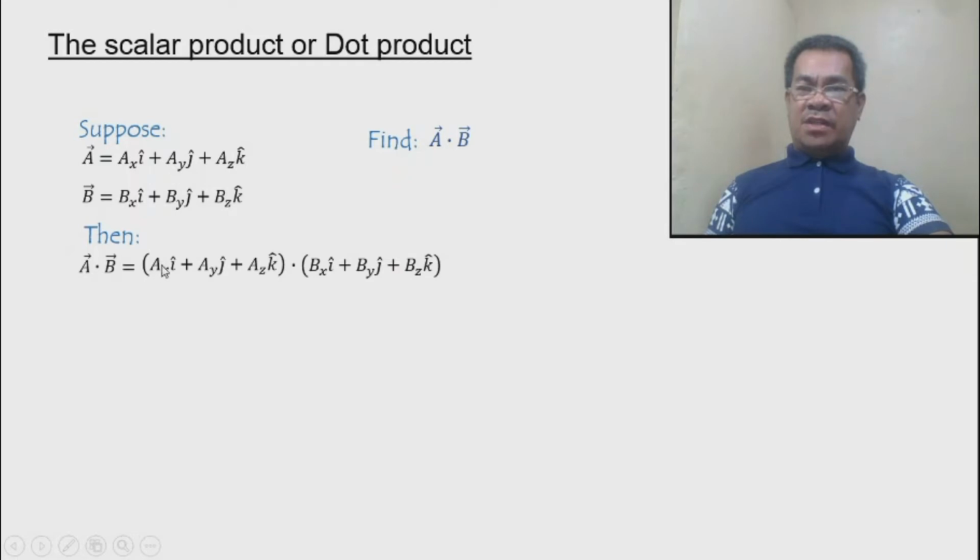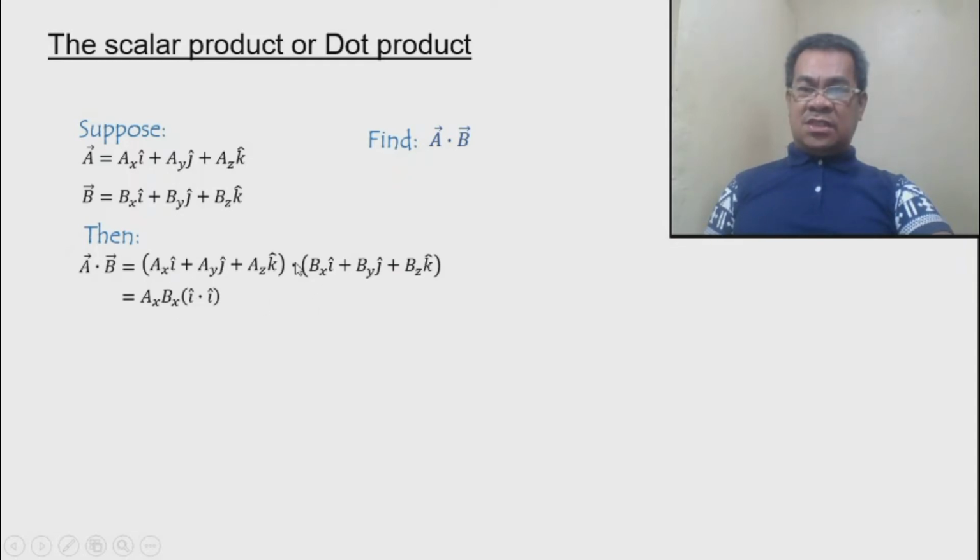So you have to multiply ax i hat times bx i hat. We have to separate these, because ax is a scalar and bx is also a scalar. So ax bx, and the vectors are i dot i.